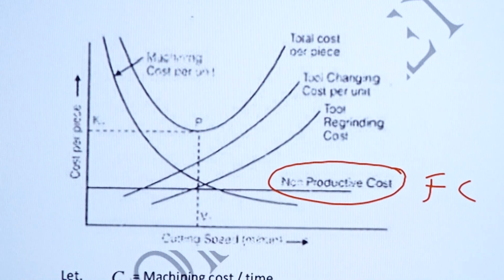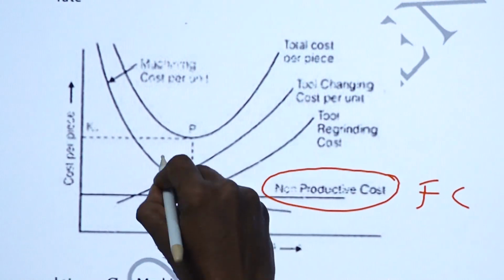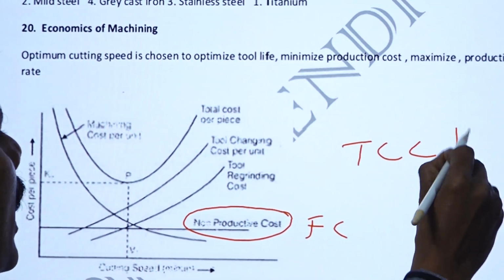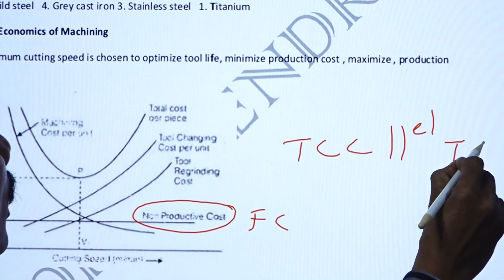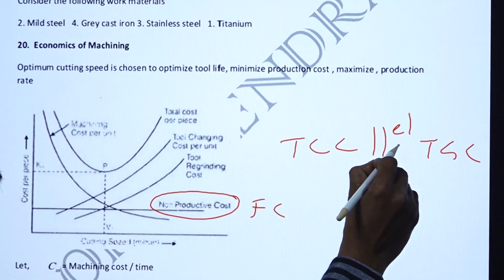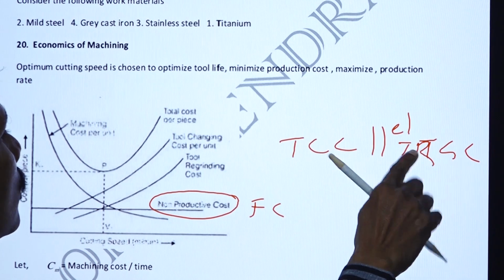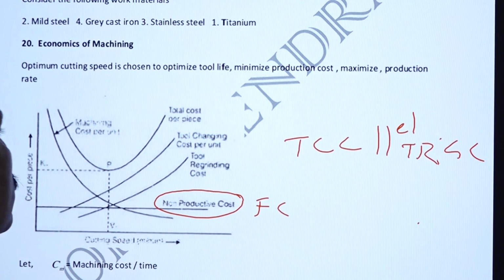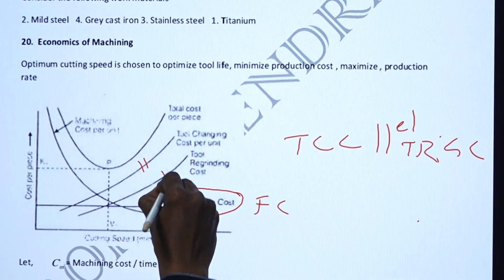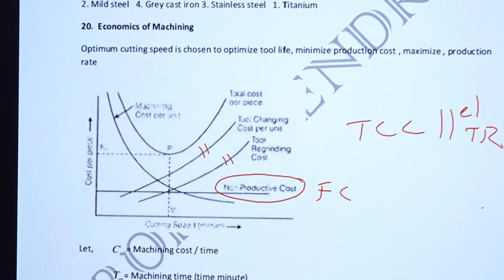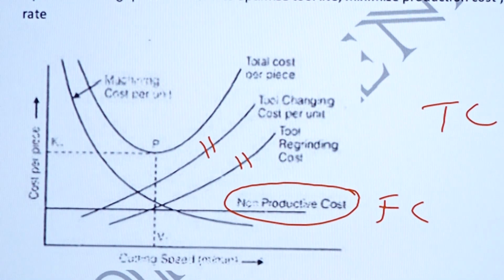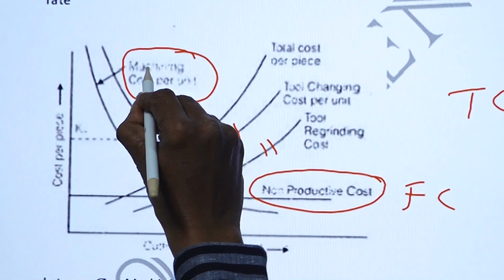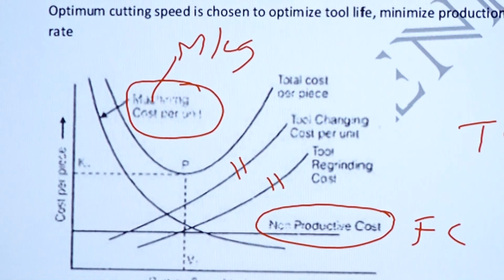Then the tool changing cost and the tool regrinding cost; both are parallel, as you can see here. And then you get the machining cost, which continuously varies.